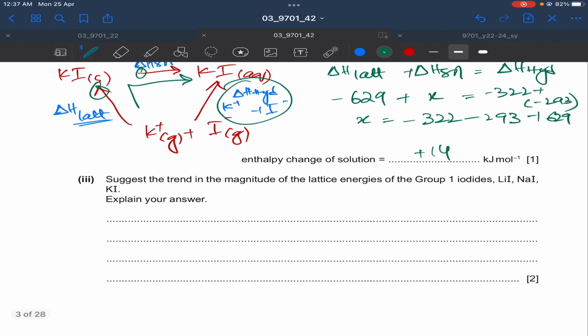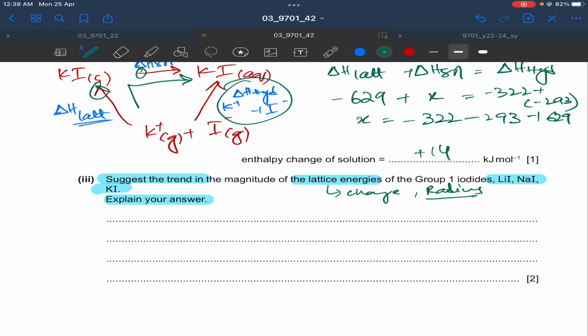Right, now the next part of the question is: suggest the trend in the magnitude of lattice energies of the group 1 iodides, lithium iodide, sodium iodide, potassium iodide. Explain your answer. So we have to explain the trend in the magnitude of lattice enthalpy of group 1 iodides. So lattice enthalpy decreases down the group because lattice enthalpy depends on two factors, that is charge and radius. So charge throughout the group remains the same.